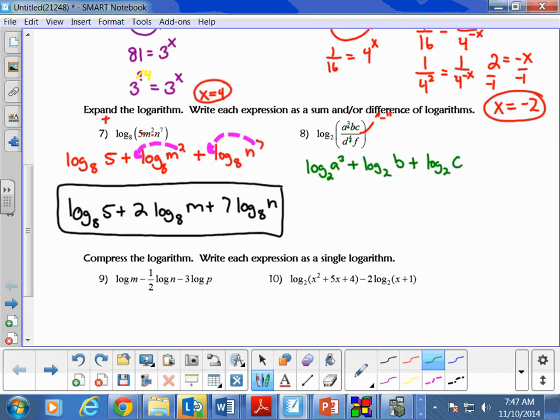Now this is where the minus comes in. And it's a minus, and this becomes log base 2 of d to the 4 plus log base 2 of f.